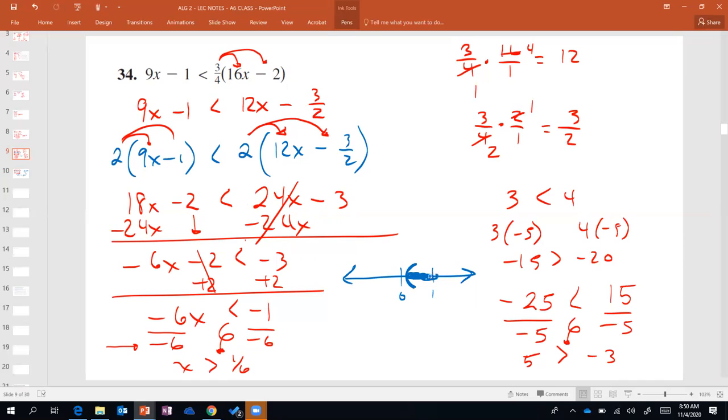Okay, and I'm going to shade it. I'm going to make the arrow bigger. Let me walk around real quickly. For 34 and 36, I want to see your graph of 34 and 36. Let's check out something here. Bigger.